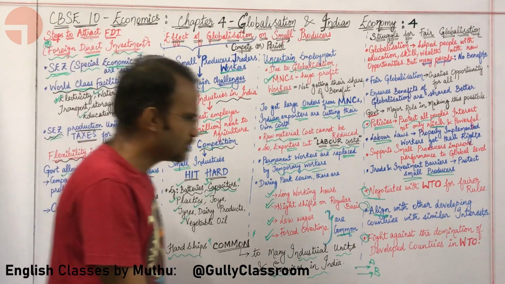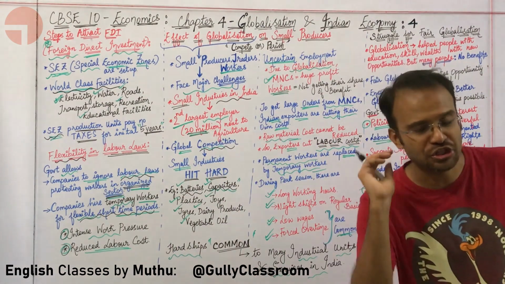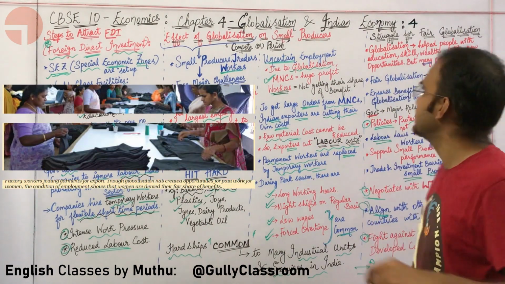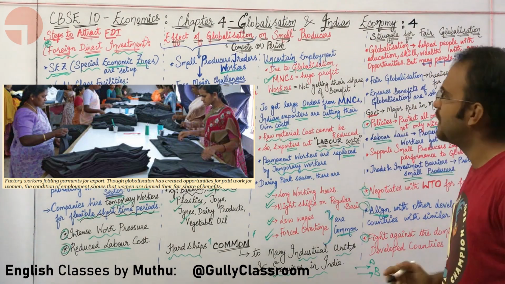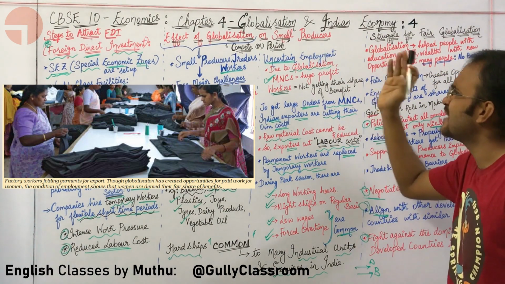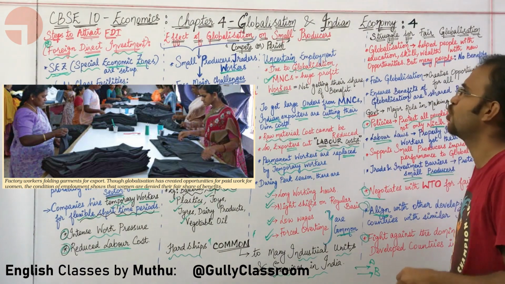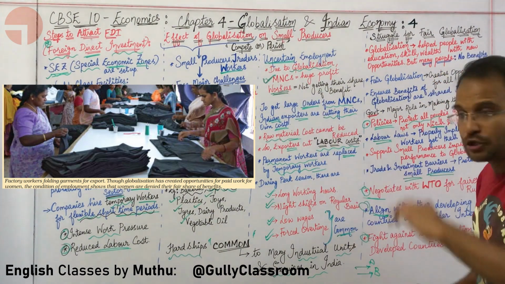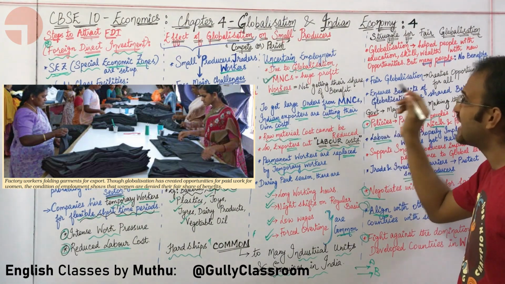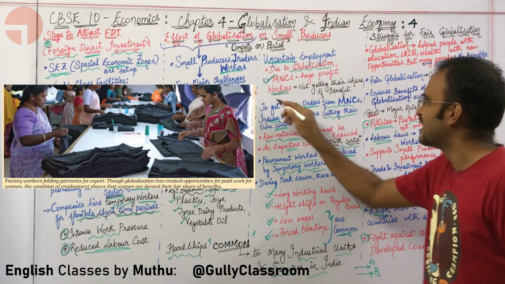Okay, let us look at what is the condition of workers with respect to globalization. Workers are facing uncertain employment with respect to globalization. Due to globalization, MNCs are getting very huge profits, but the workers are not getting their due share.